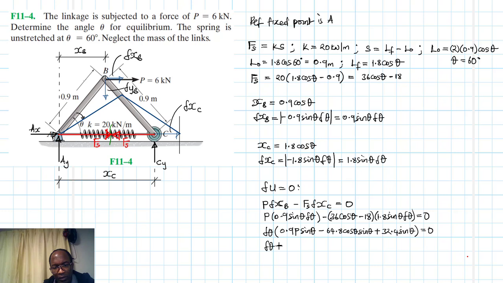Del theta will not be equal to 0, so the only part that will be equal to 0 is this part here.